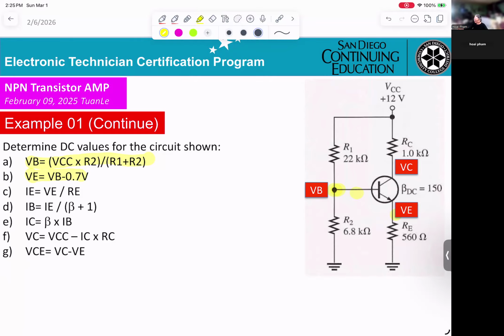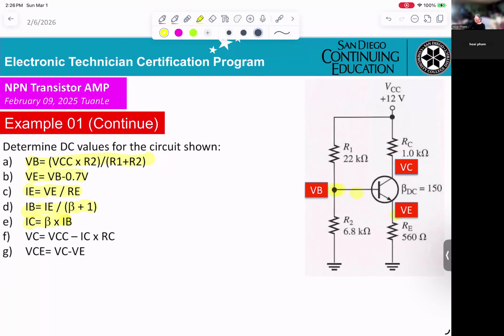Then they want to calculate the RE. RE equals VE over IE. We need to calculate the IE: VE divided by RE. Okay? And if you want to calculate the IB, then IB equals IE divided by beta plus 1. And IC equals beta times IB.